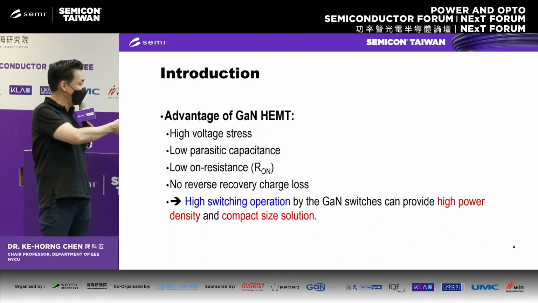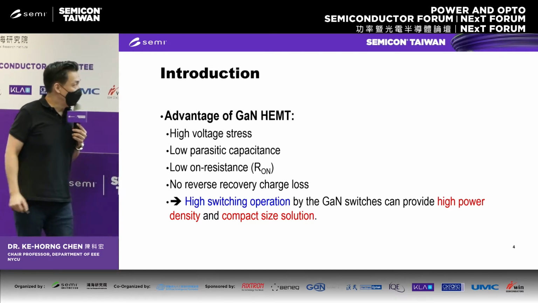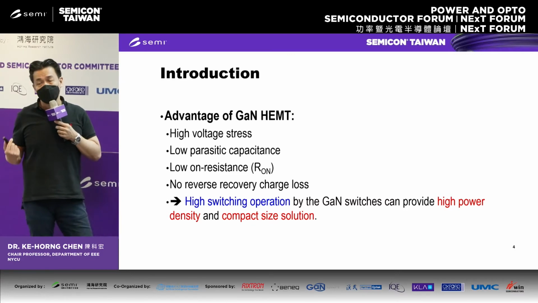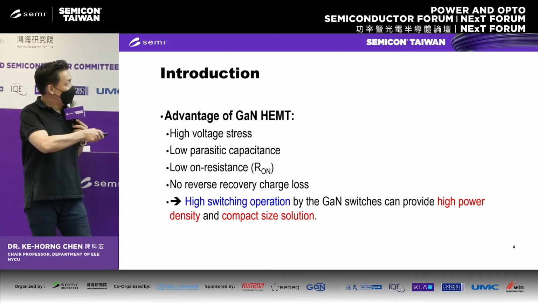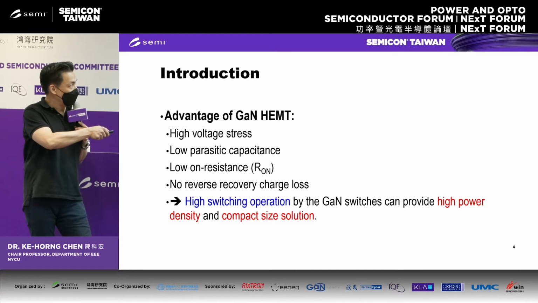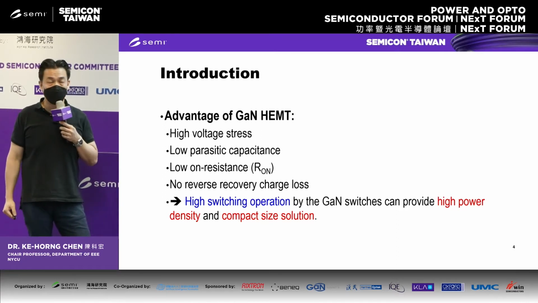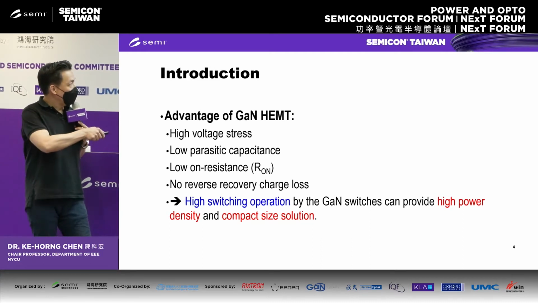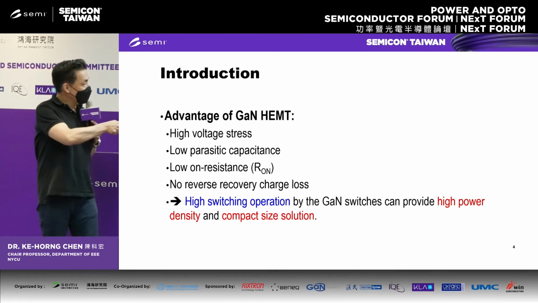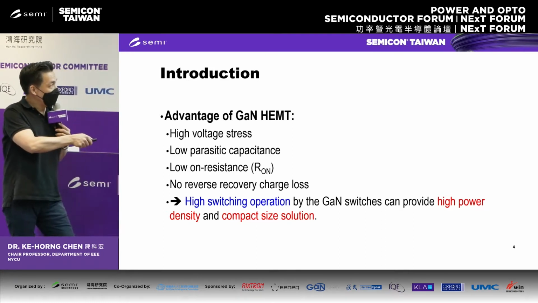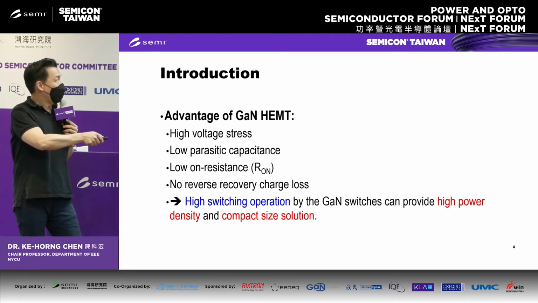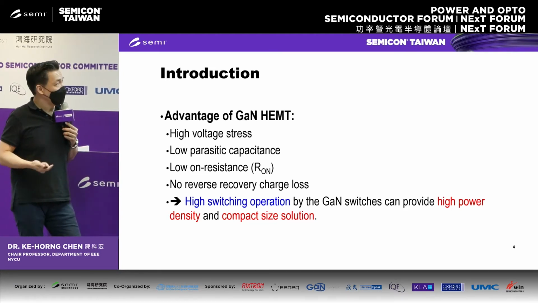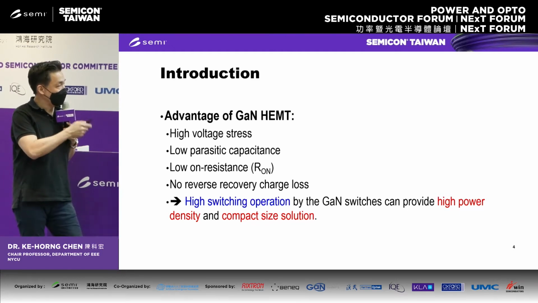The last advantage is no reverse recovery charge. It means that compared to most silicon process, the reverse recovery charge loss is large for silicon process. But the GaN device does not have the reverse recovery charge loss. Based on this advantage, we can operate the GaN switches at a higher switching frequency to get a high power density and a compact size solution.